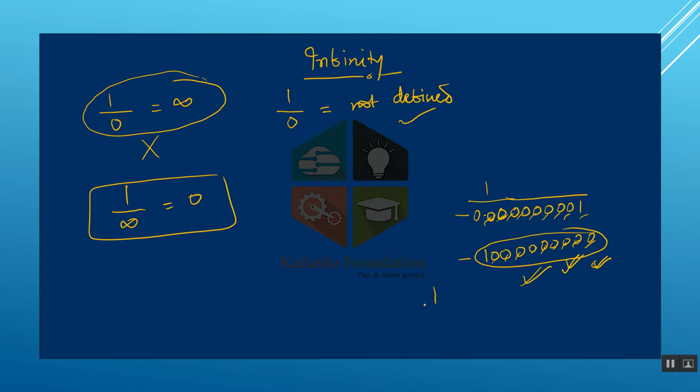That means 1 by 0, on the boundary, we get nothing. If we are slightly on the positive side, we get plus infinity. If we are slightly on the negative side, we get minus infinity. So what exactly is at 0? Nothing. That's why 1 by 0 is not defined.